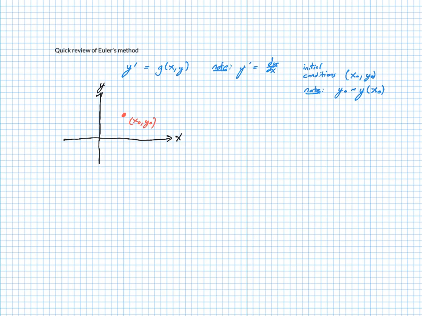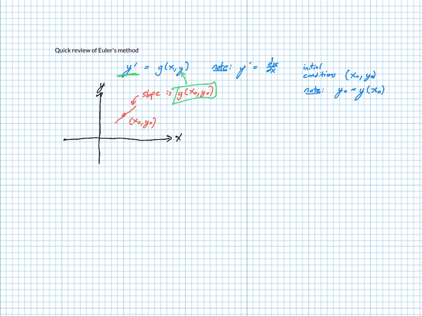And we know what the slope is. The slope at that point is g of x naught comma y naught, because you see this is the slope. That's what the derivative tells you.